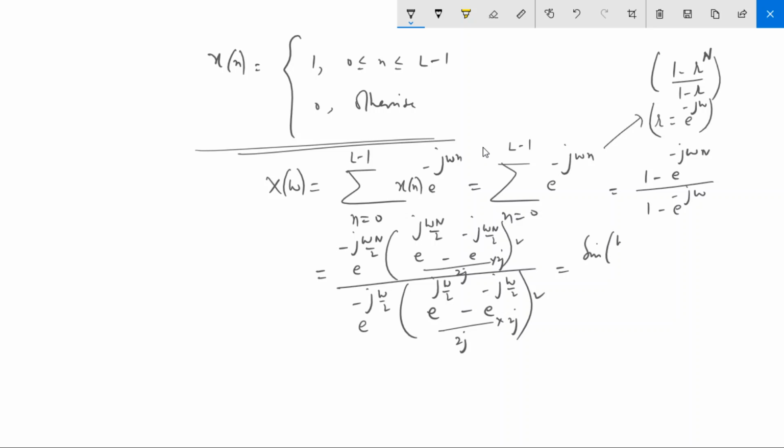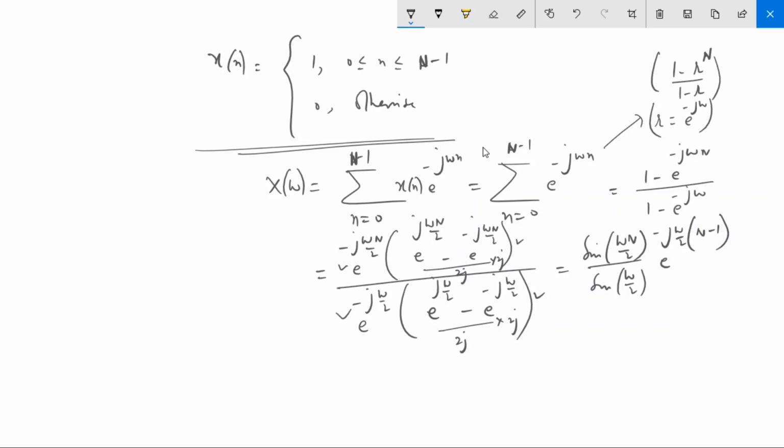So you'll get sine of omega L by 2 upon sine of omega by 2 into e raised to power minus j omega. From these two factors, j omega by 2 is common. You will get minus omega by 2 common and minus 1, with L samples. Sorry, I had taken N, it is L otherwise.